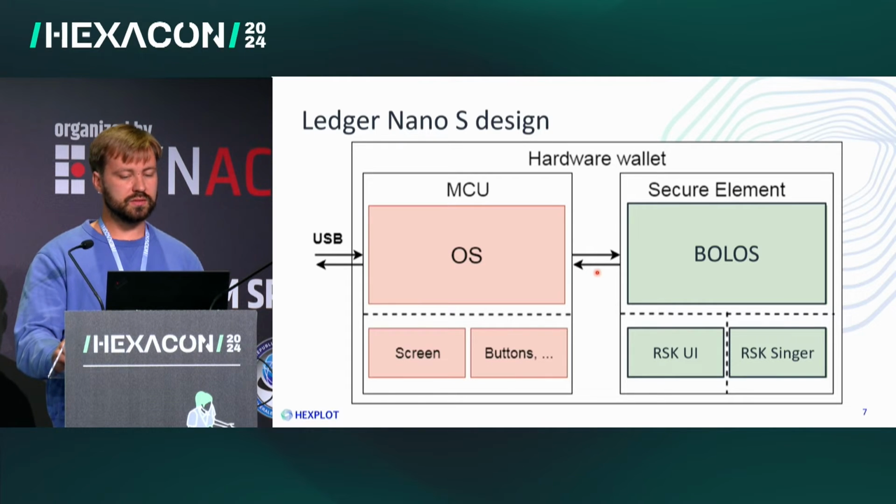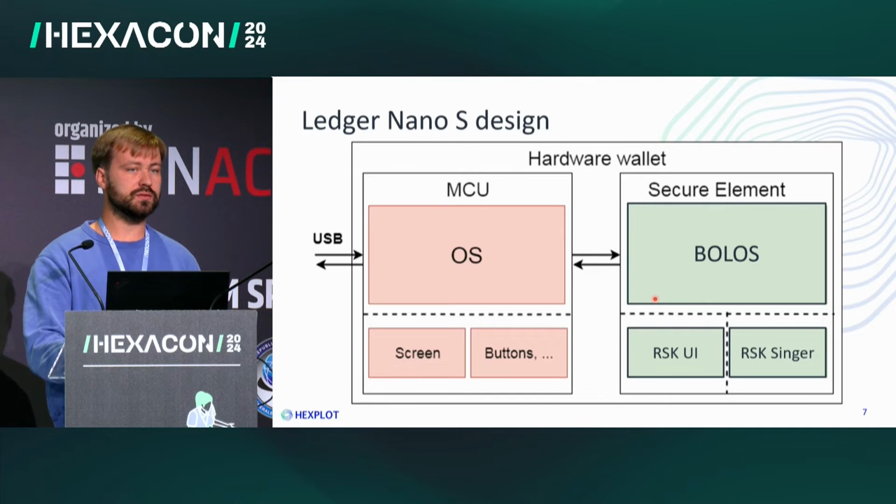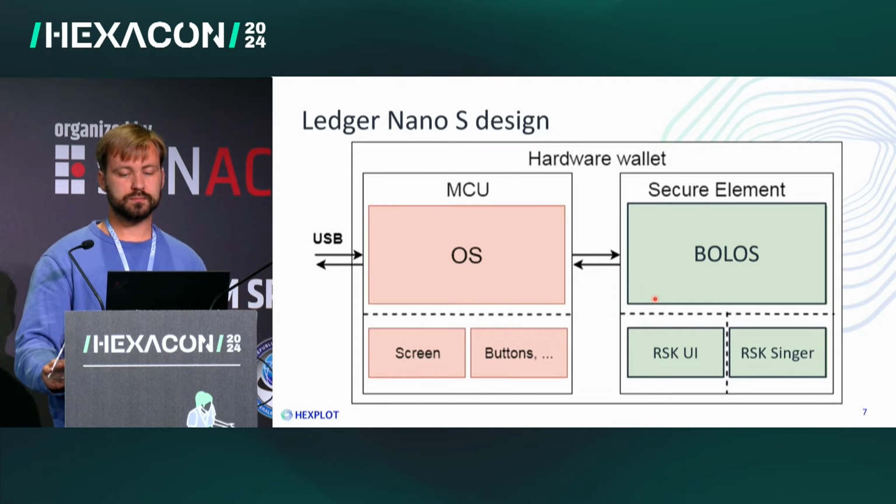It doesn't deal with keys or any other assets. It's just there to provide functionality for the secure element. And the secure element has the proprietary Ledger OS, and it supports multiple applications. And they are isolated, so there is a bit of security on that level as well. And in this case, we have this RSK UI app and RSK Signer app.